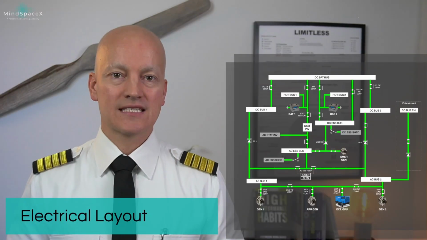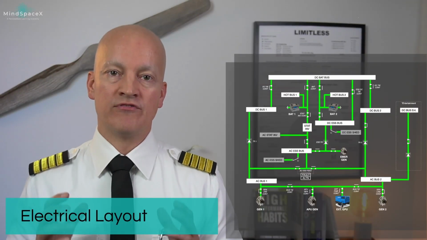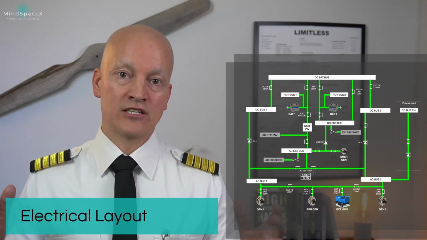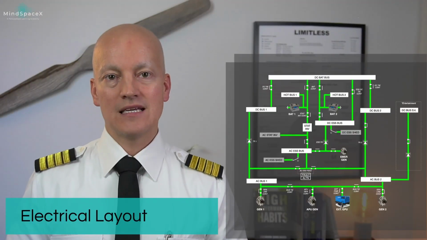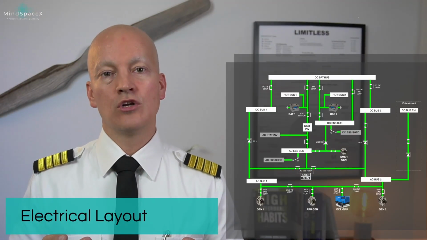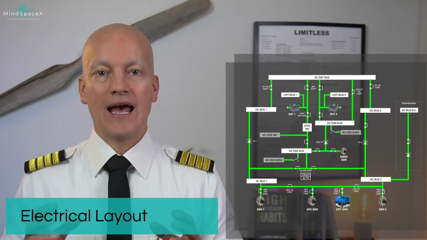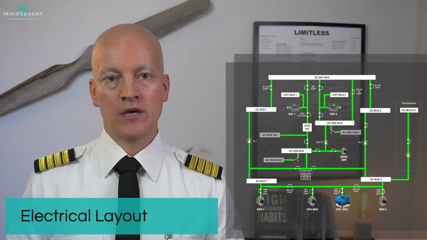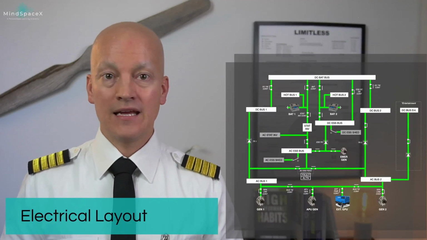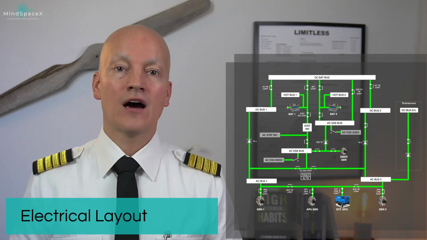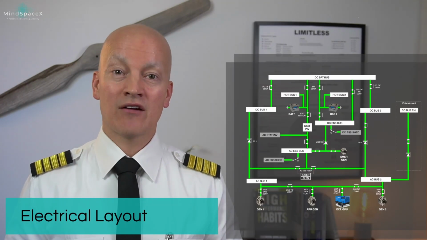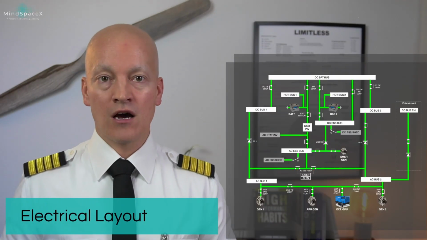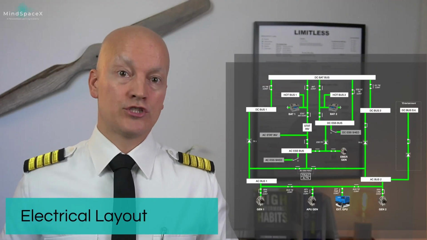Moving on to the last category, which is the most vital, hence the name vital busbar and vital loads. This includes electrical loads that we need after having, for example, performed a wheels-up emergency landing. It is, in this case, not necessarily the case that the aircraft is in one piece, and main generators may or may not be operating or even attached to the aircraft.